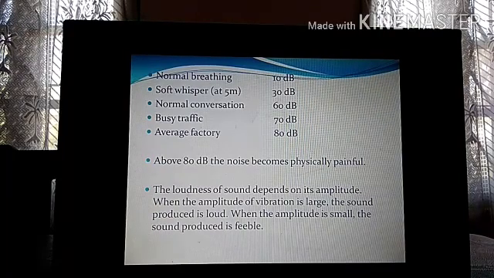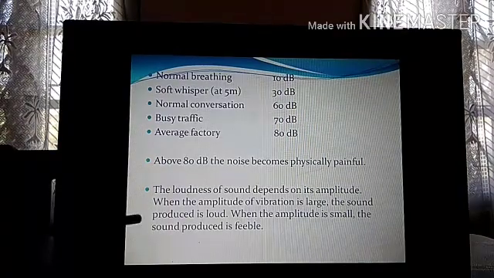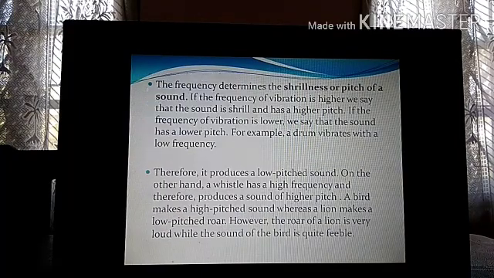Got it? So when amplitude is more, the sound is loud. So amplitude is directly proportional to loudness. If the amplitude increases, loudness increases. If the amplitude decreases, loudness also decreases. When the amplitude is small, the sound produced is quite feeble. Very, very less.